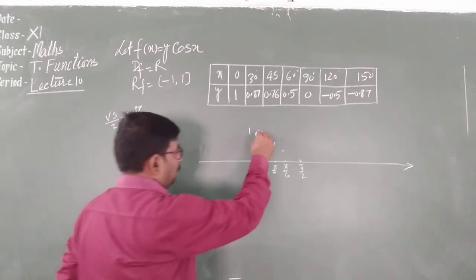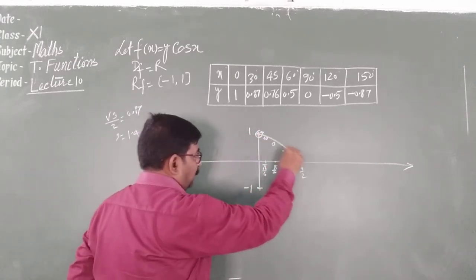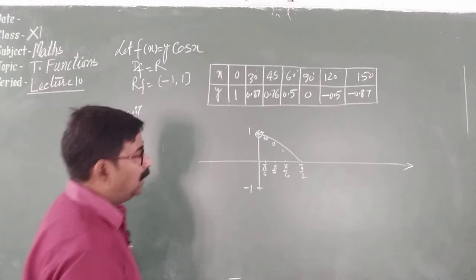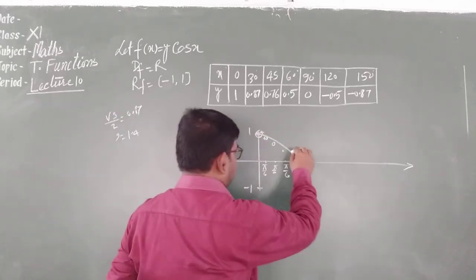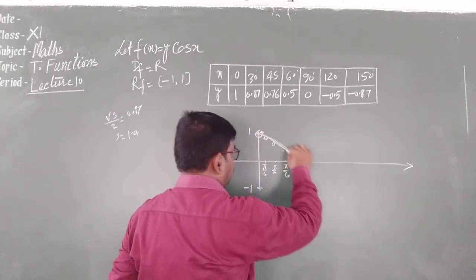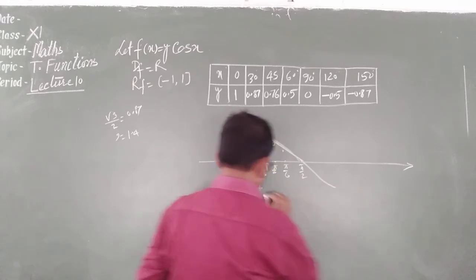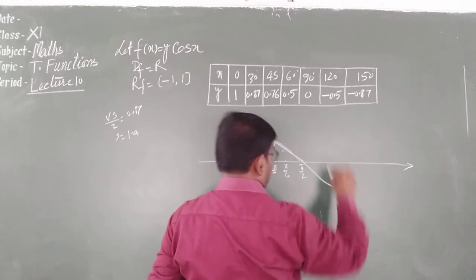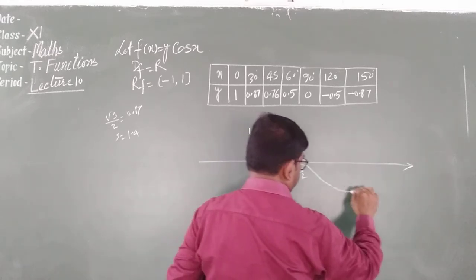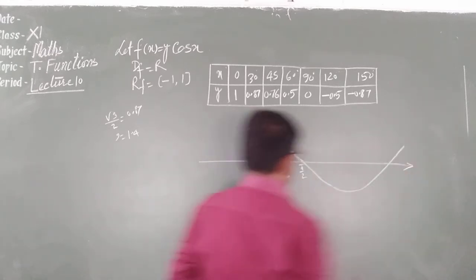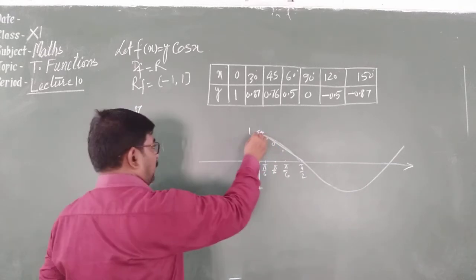So how is this graph coming? This graph is coming this way, and after that it becomes negative. So this will come down up to -1. Here it will come this side.